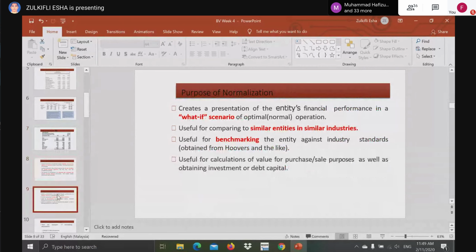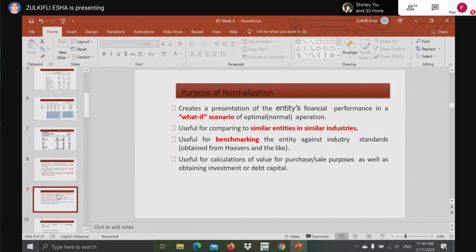So what is the purpose of normalization? So this is the purpose of normalization lah. To create a presentation of the entity's financial performance in a what if scenario of optimal or normal operation.